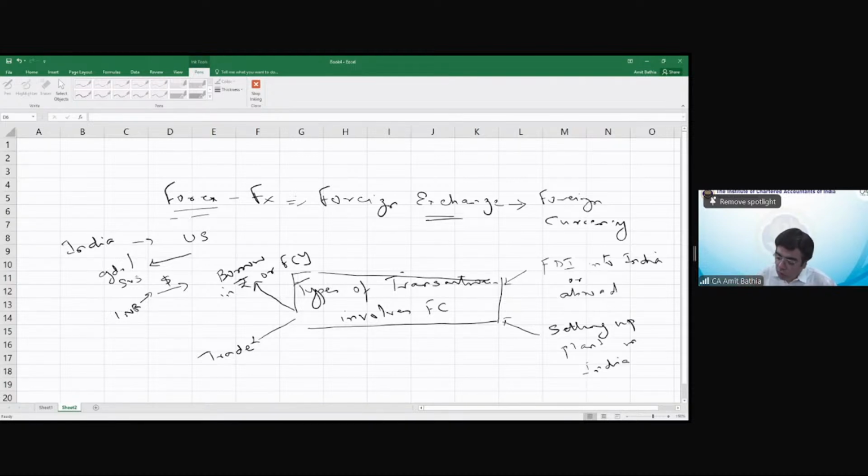Now, generally, you will also find that I have to do transactions, say, for example, I'm buying something from China, right? So for that, I would need Chinese yuan.